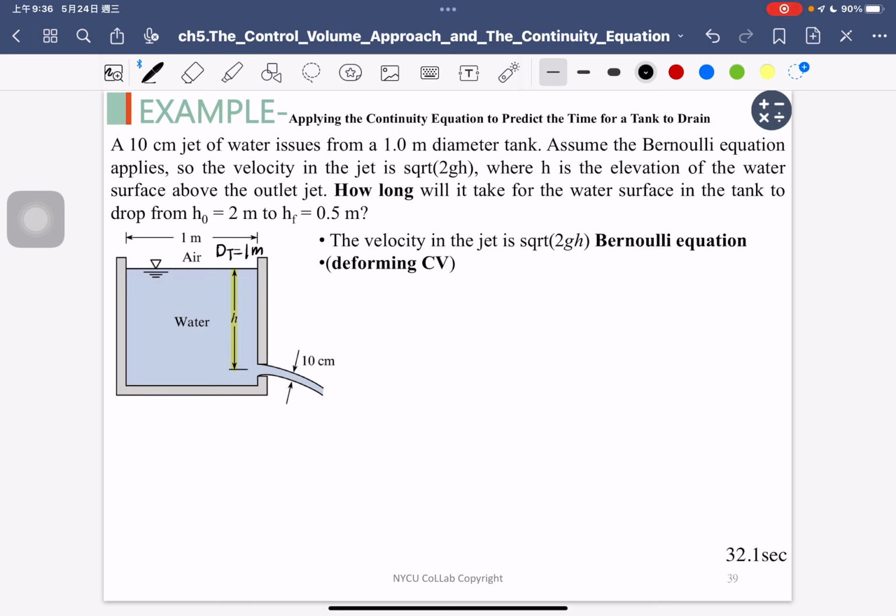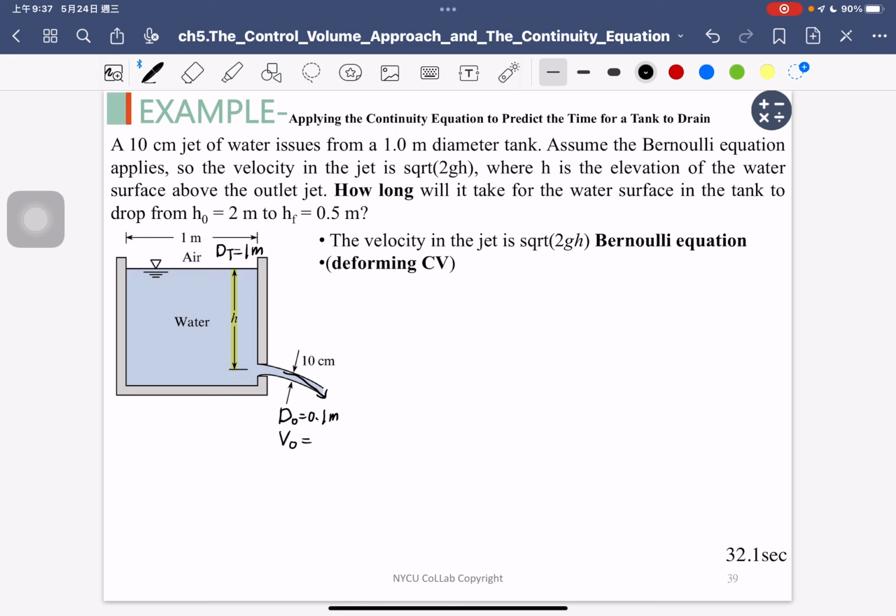And we have the outflow rate here, and the outflow pipe here. We have the diameter, maybe I use Do equal to 0.1 meter. And this is the outflow velocity.